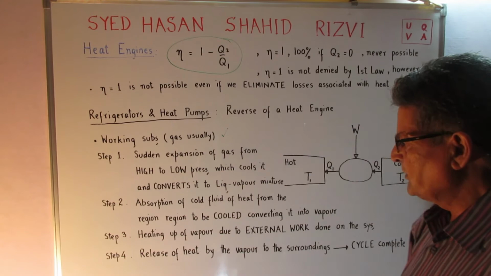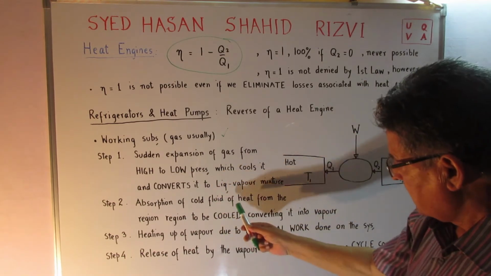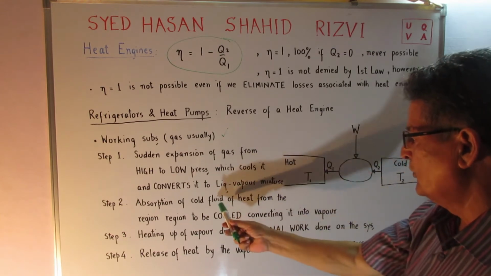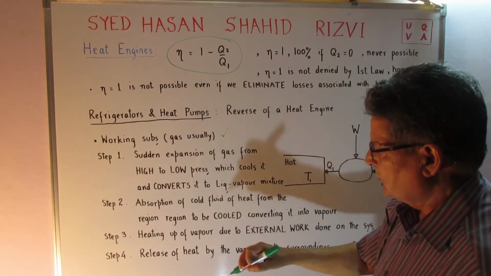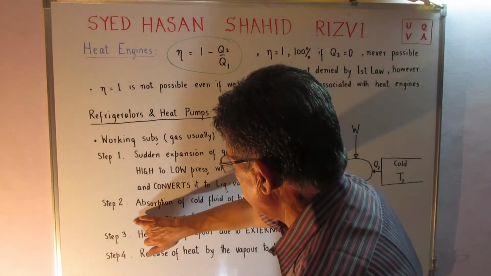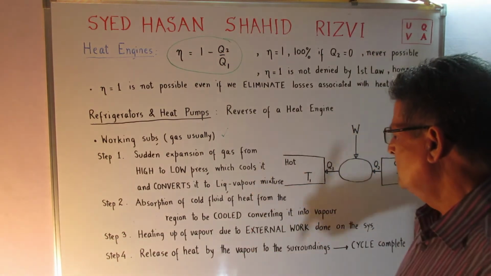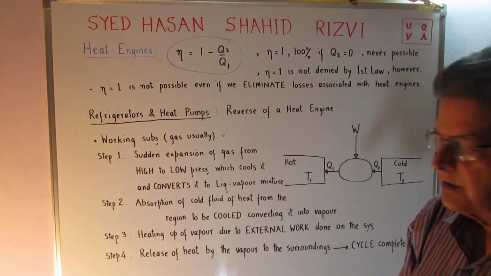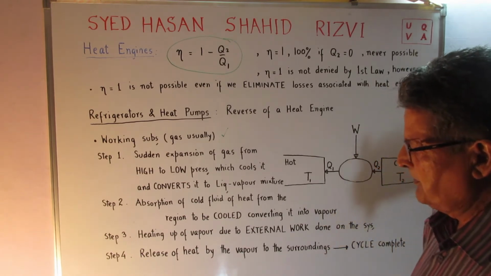The second step is absorption of heat by the cold fluid. That is, the cold fluid absorbs heat from the region to be cooled, converting it into vapor. So this is the second step.